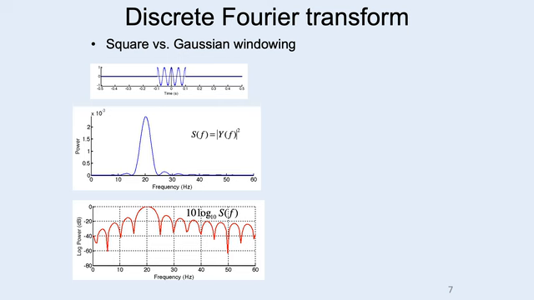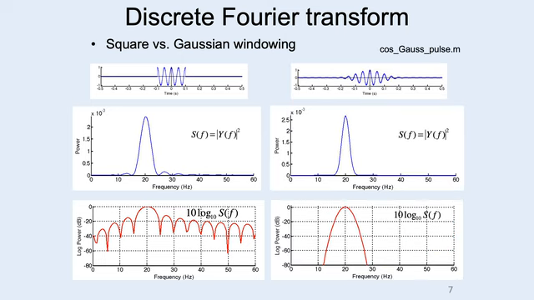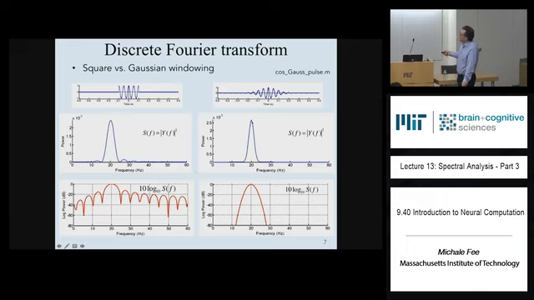We also talked about how this spectrum depends on the function that you multiply your cosine by here. So for example, if you take a cosine and you multiply it by a Gaussian, the power spectrum has the shape of a Gaussian. It's a Gaussian that has a peak at 20 hertz.